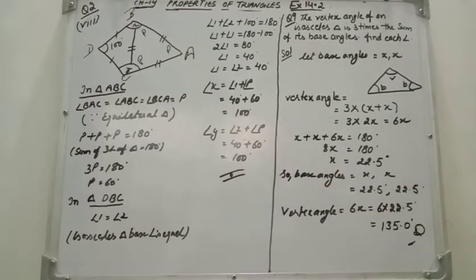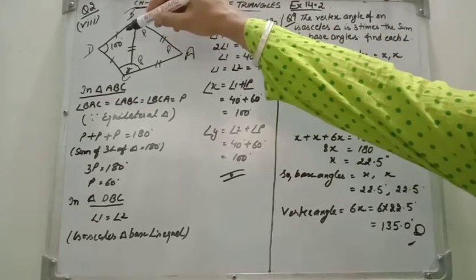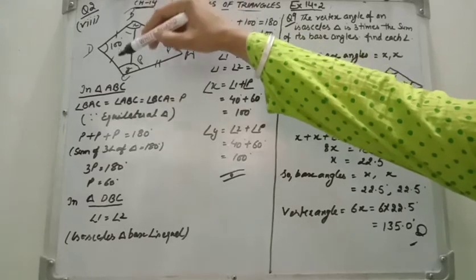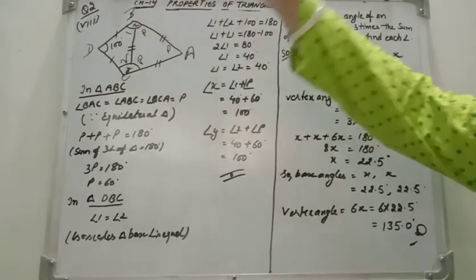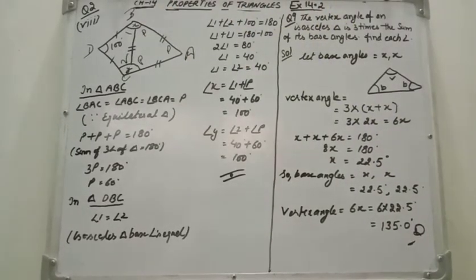Clear? So in the next triangle we take angle DBC. You can see two sides are equal, it's an isosceles triangle, so their base angles are equal. So let us consider this one is angle 1 and this one is angle 2. Clear? So angle 1 is equal to angle 2, isosceles triangle, base angles are equal.